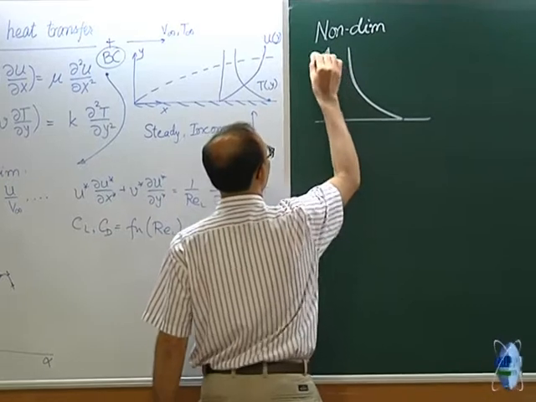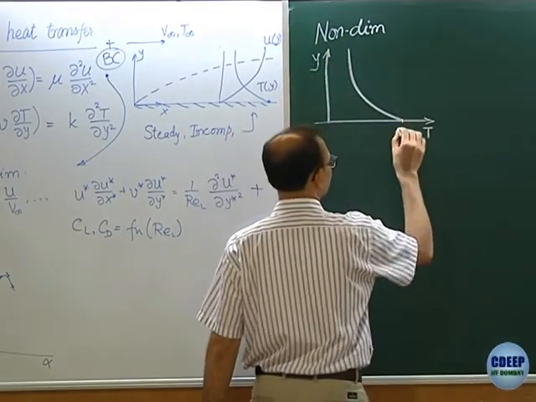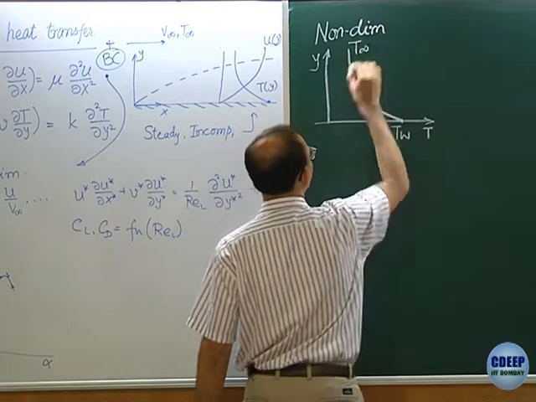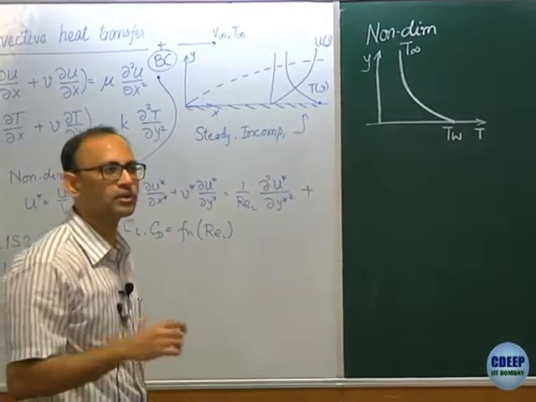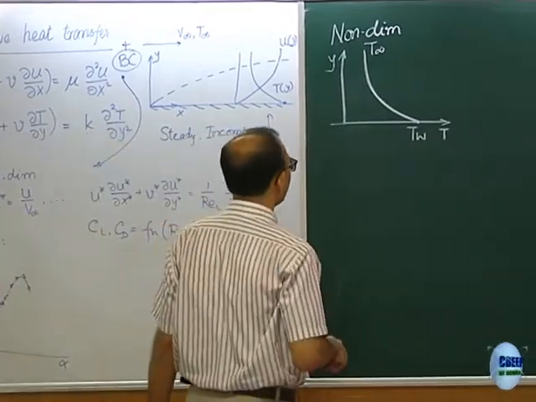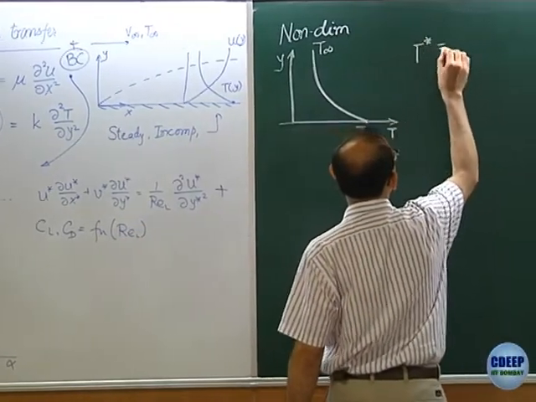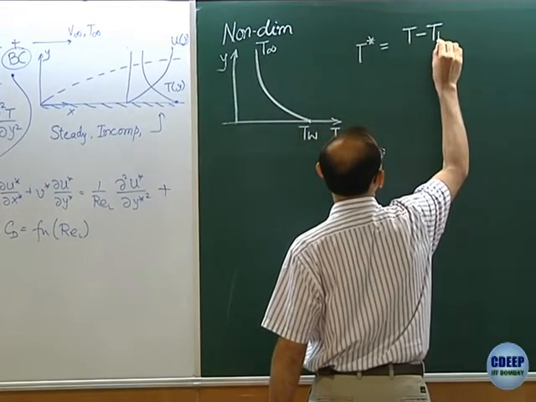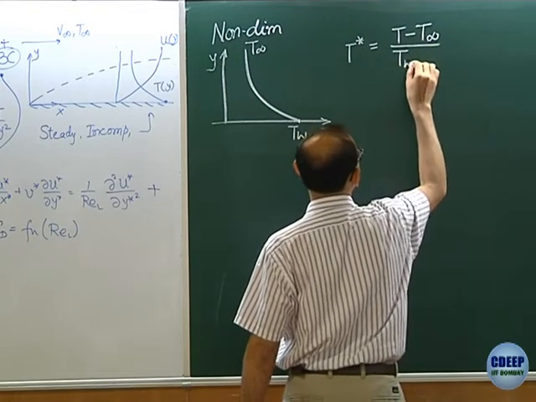This is Y, this is T. For the time being, let's assume that we have a wall temperature and we have a T infinity. So we have the two ends, if we call them boundary conditions, that let that be. So we define T star as T minus T infinity divided by T wall minus T infinity.